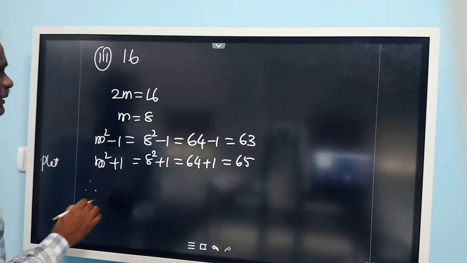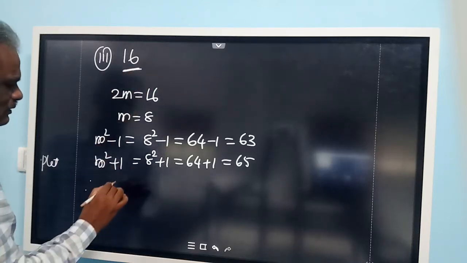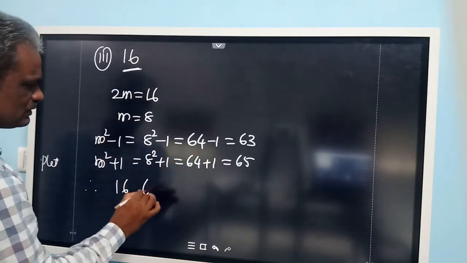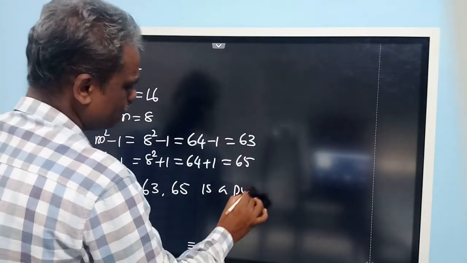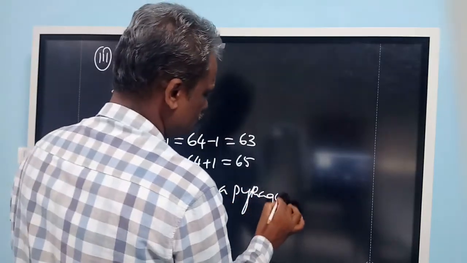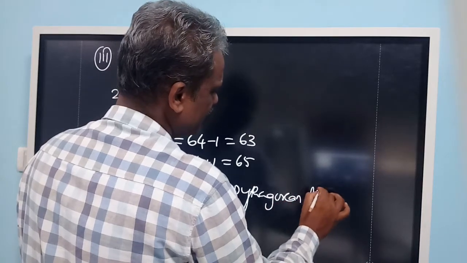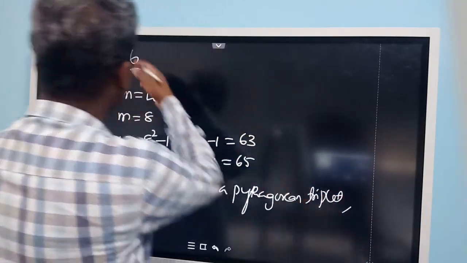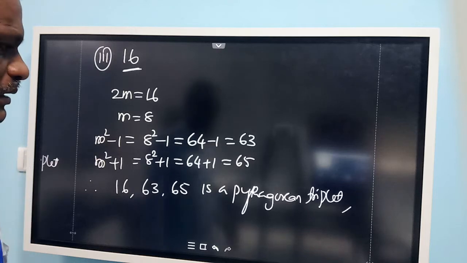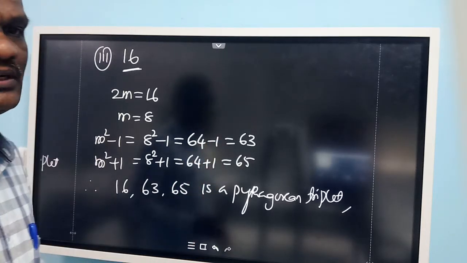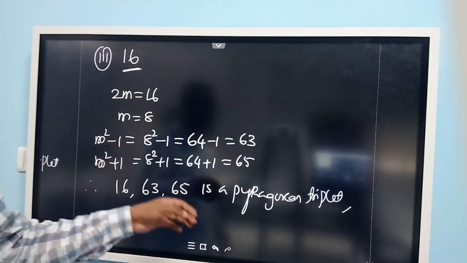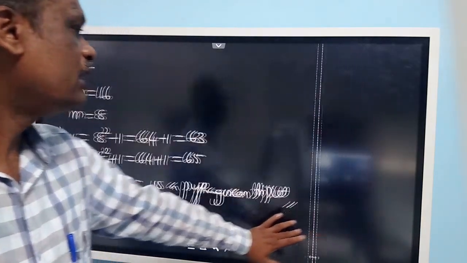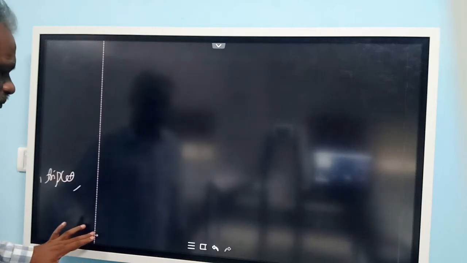So the Pythagorean triplet is 16, 63 and 65. We are getting one triplet only. You may get many other triplets using 16 with a different size, but we get only one triplet using this rule, m squared minus 1, m squared plus 1 and 2m.